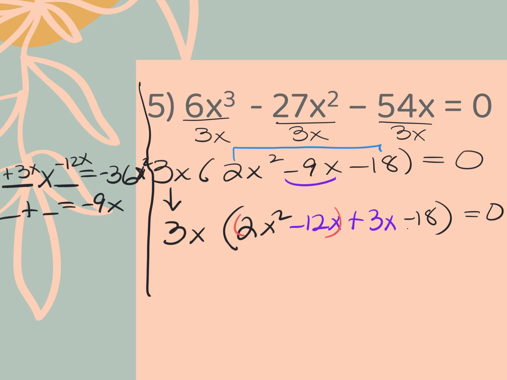I'll make a red group here and a blue group. Don't forget about the GCF. Keep bringing him down. GCF of red is going to be 2x. Divide it. My GCF of my blue group is going to be 3.